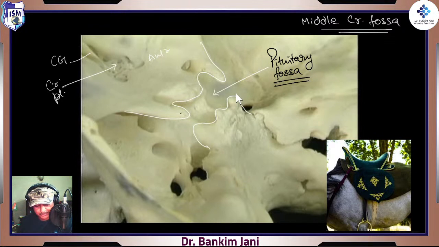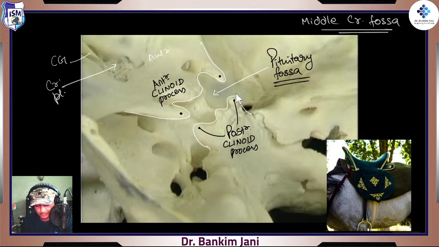These are the process extensions, so they are called the anterior clinoid process. Anterior, so there has to be posterior, otherwise we could have called it clinoid only. So these are the posterior clinoid process. These are the anterior clinoid process.